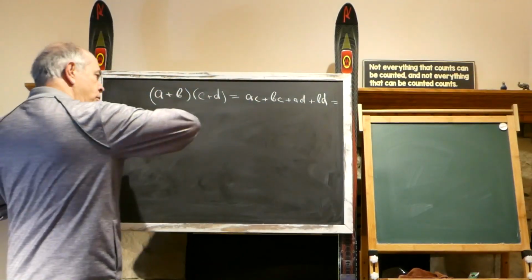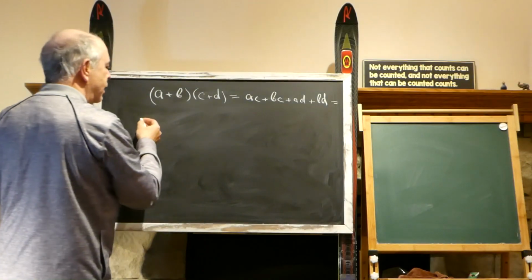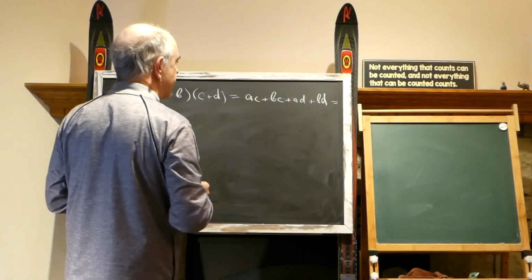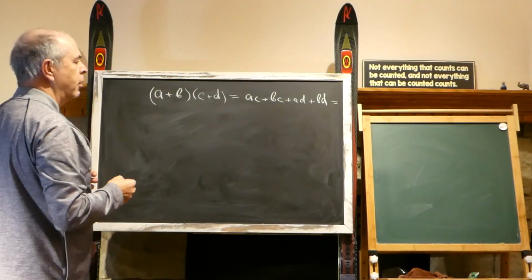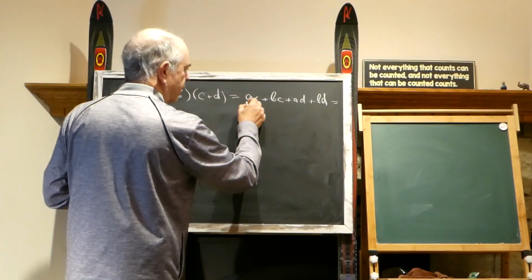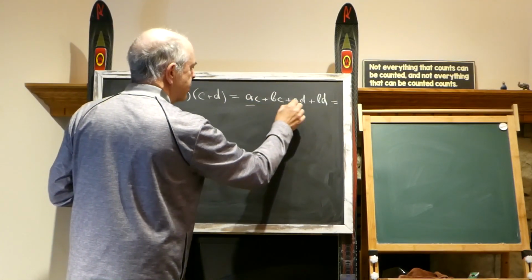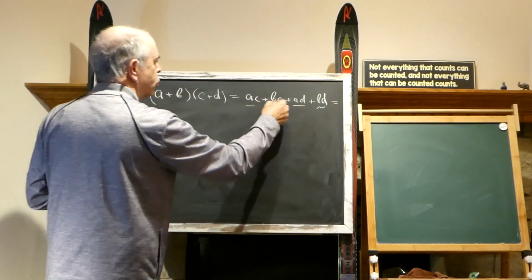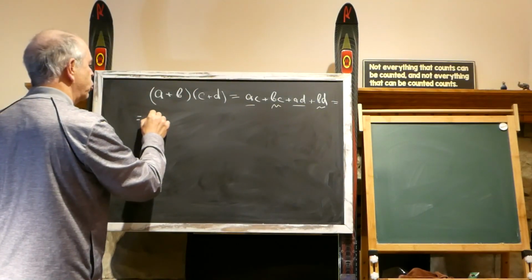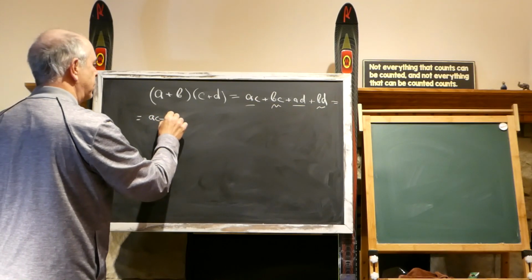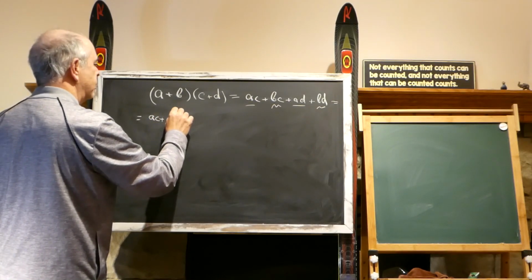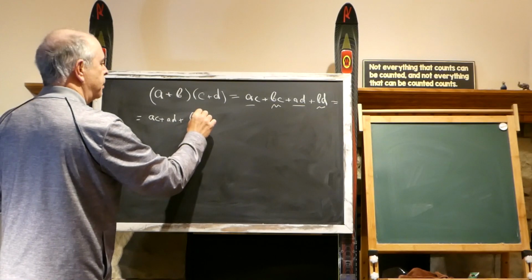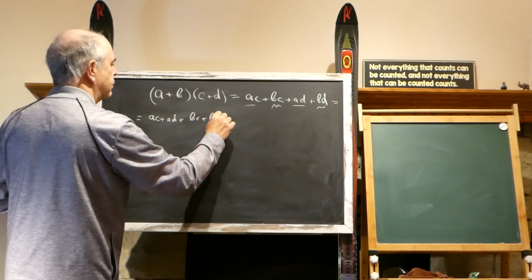Likewise, you can take from here and factor things out. For example, we can factor from here the things with A and the things with B. So the things with A, we put them together: AC plus AD plus BC plus BD.